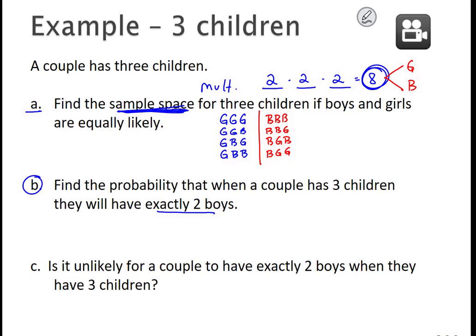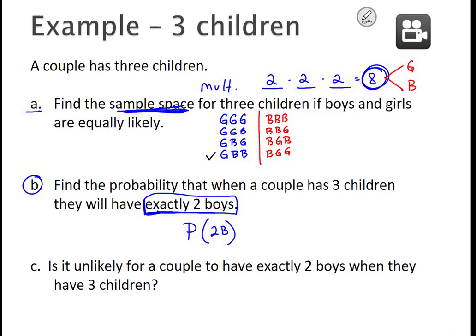What's the probability that you're going to have exactly 2 boys? We know exactly means not 1, not 3, but only 2. So P, probability of 2 boys. And if we go back to our list up here, we can see on the left-hand side there's one option, girl, boy, boy.